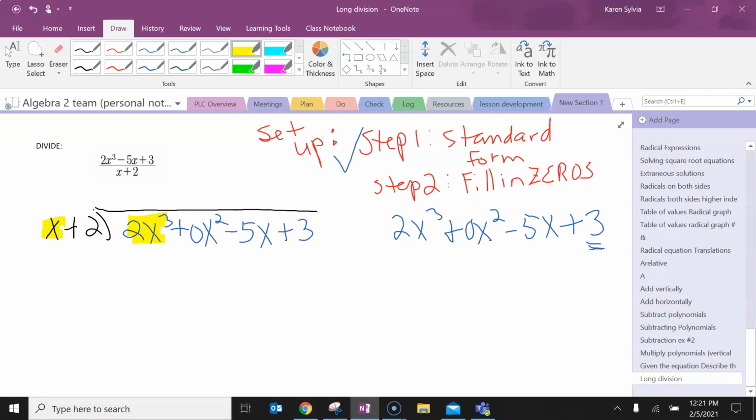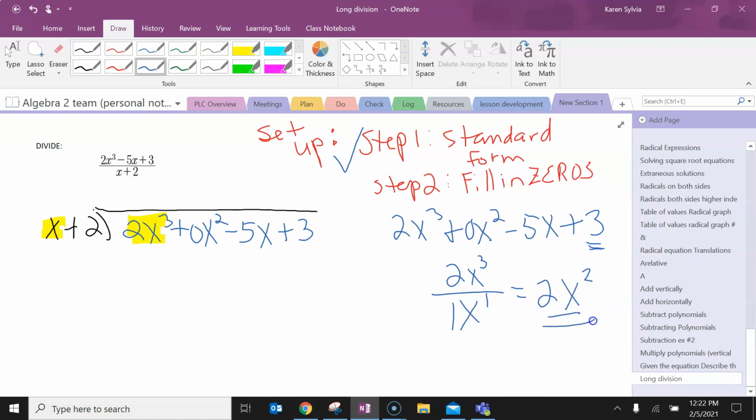How many times? So this brings us back to the other refresher. When I was doing division with exponents, the rules are to subtract your exponents. So 2 divided by 1 is 2. X cubed divided by x to the first becomes x to the second.